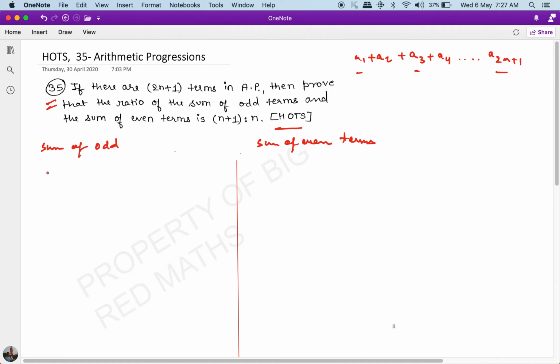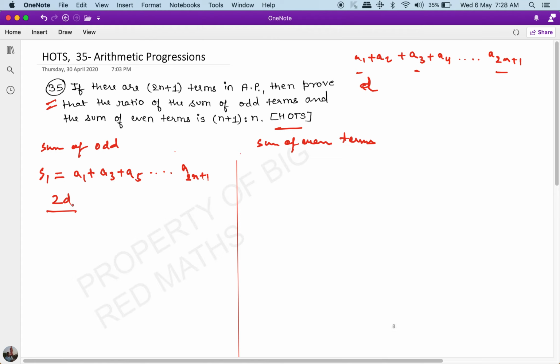Okay, so the sum of the odd terms will be S1 is equal to A1 plus A3 plus A5 and so on till A of 2n plus 1, and the common difference for this will now become 2d, because if the original AP had a common difference of d, the sum of odd terms AP will have a common difference of 2d.